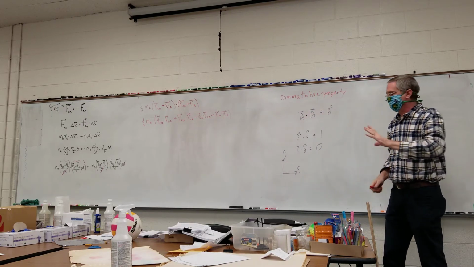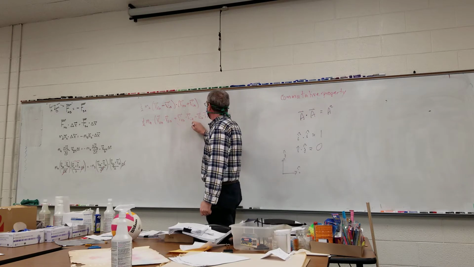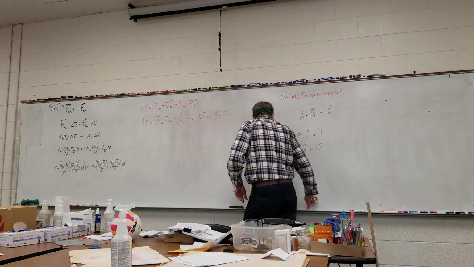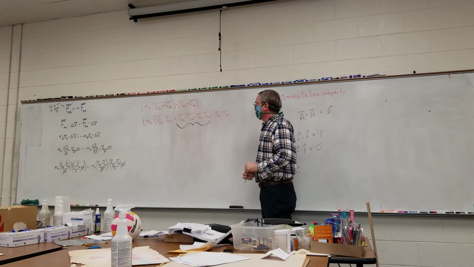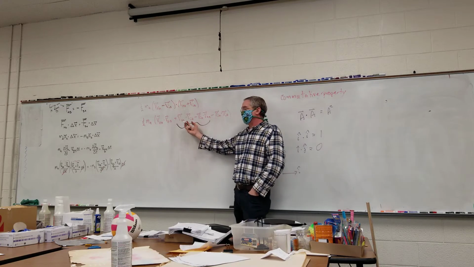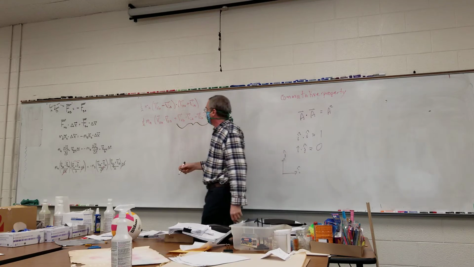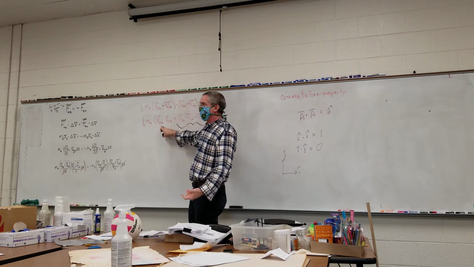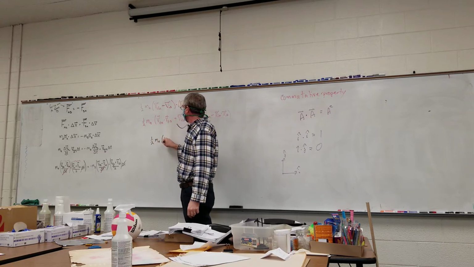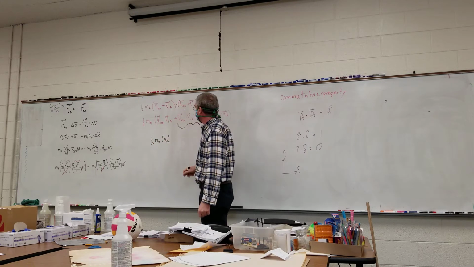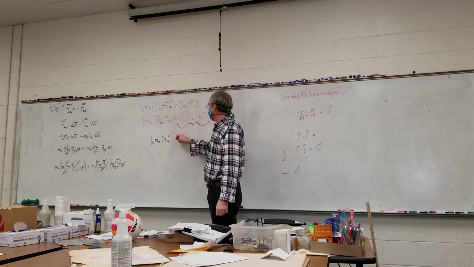It does simplify down in the end. These right here are the same thing. Since the commutative property holds, I can just flip the order around and it's the same thing and it just goes away. This right here, I have a vector dot product with itself, so this becomes 1/2 MA times VFA squared minus VIA squared.